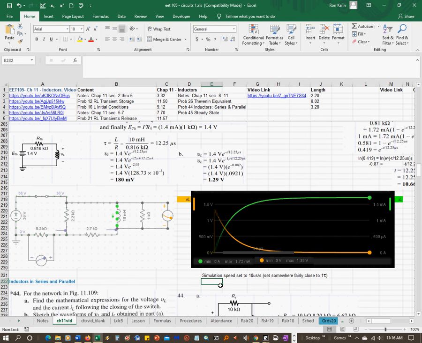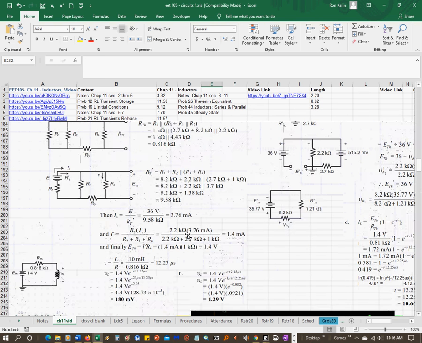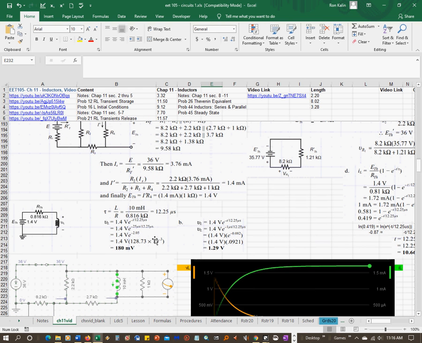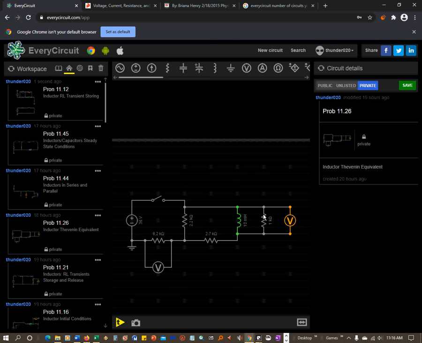So I said that, I made a mistake. This is 10 microseconds per second because my initial tau in the problem when we calculated over here was 12.25. So I built this circuit in Every Circuit, and I'm looking for the current through the inductor and the voltage across the inductor.